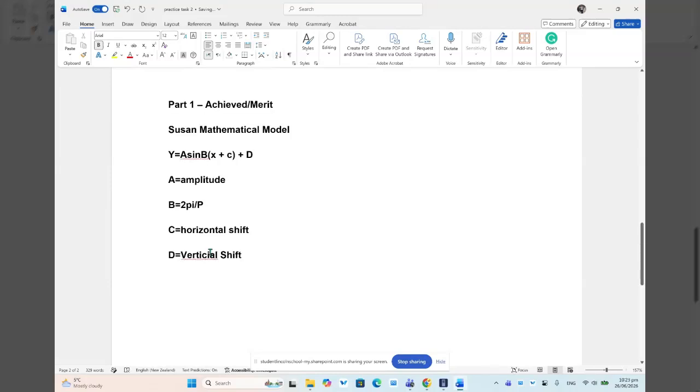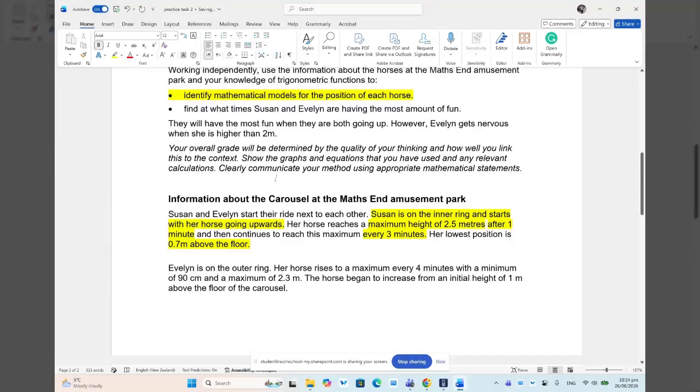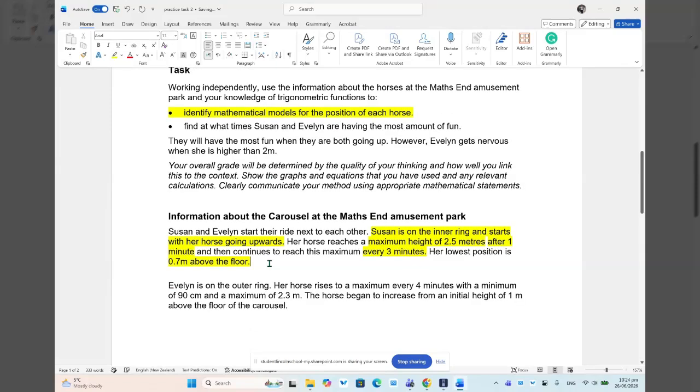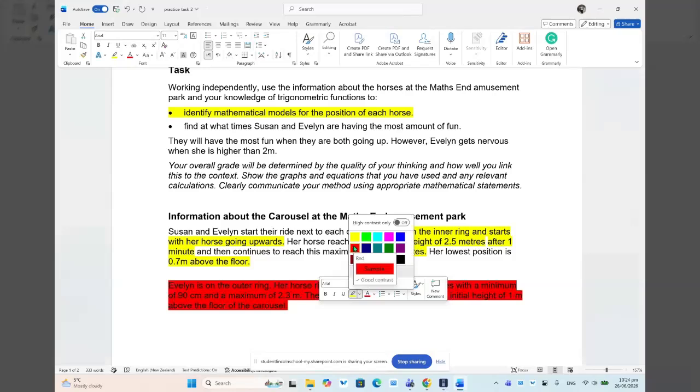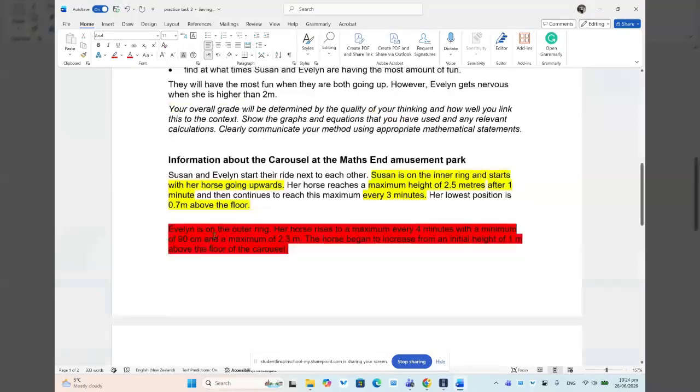So we're going to start with finding d. To find d, it's always the max plus the minimum, divided by 2. I'm going to bracket all that to make it clearer. I'm just going to highlight this part red so you don't focus on it because that's a different person.